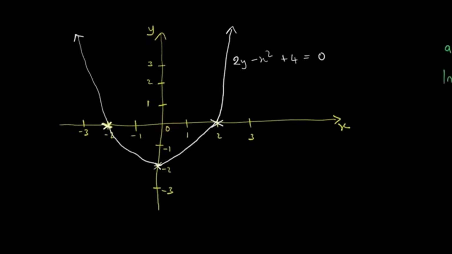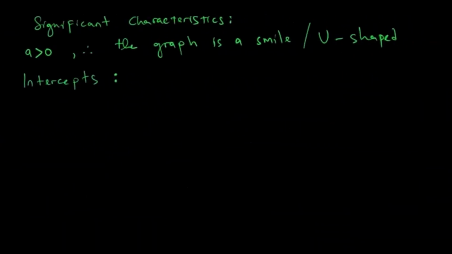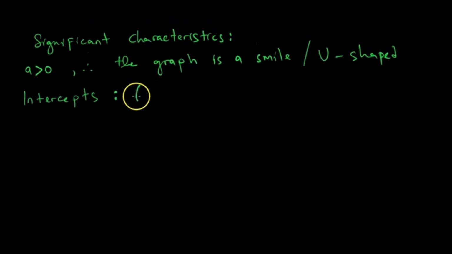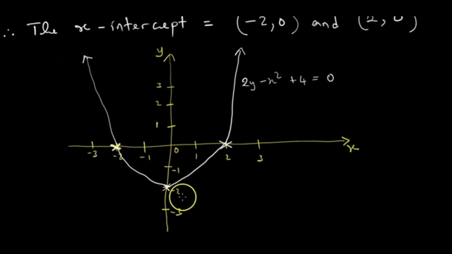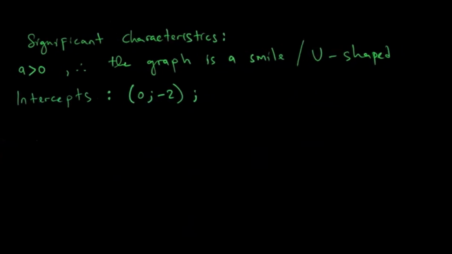So that is what we should write down, starting with (0, minus 2). And if we go to our x-intercepts, they are (minus 2, 0) and (2, 0). So we write them down: (minus 2, 0) and (2, 0), like this.